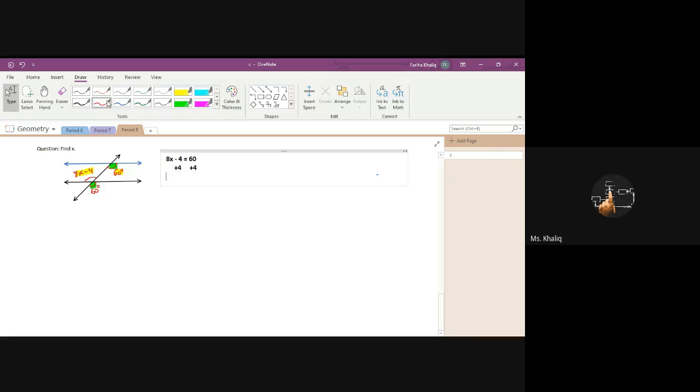And then I'm just going to see what I have on my left side. So it's 8x. What is 60 plus 4? 64. And then the final step to solve for x would be divide both sides by 8.